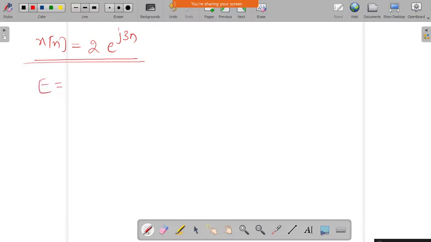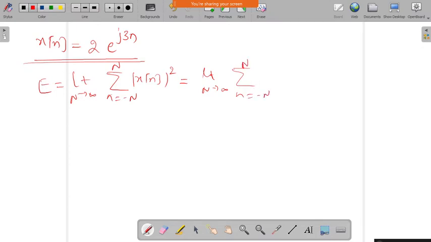Try to find out, use these expressions and do it. Limit N tends to infinity, summation n equal to minus N to plus N, x of n square, which is equal to limit N tends to infinity, summation n equal to minus N to plus N, 2 into e power j 3n whole square. Now you can take out this 2 square, which is 4, outside.